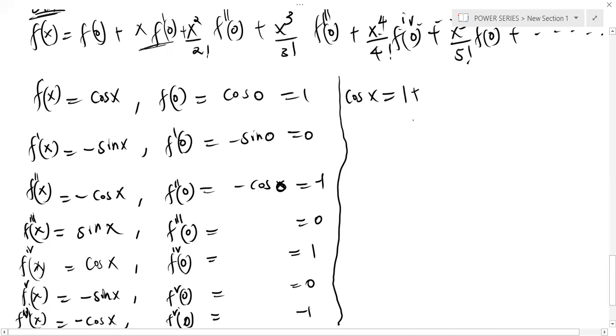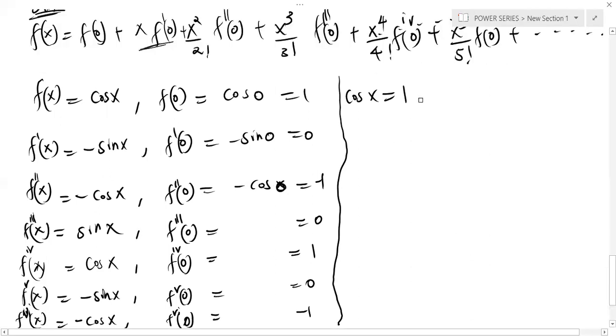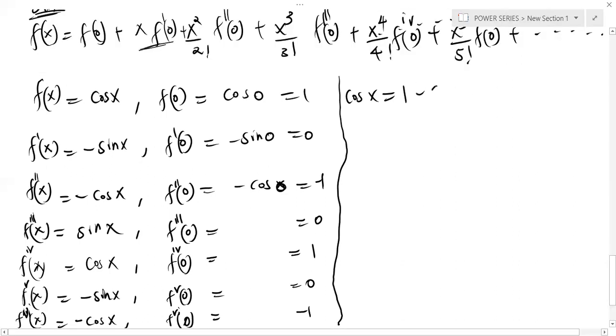Our f double prime is minus 1, so this will just be negative x squared over 2 factorial. Plus the third prime, which is also 0, so clearly that term will be 0 as well. The fourth prime is 1.